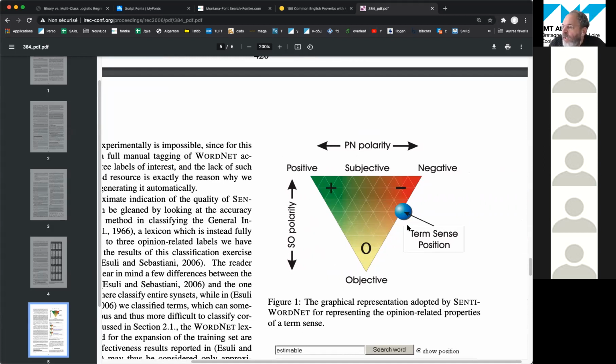But why do we have a triangle? Because when we are objective, then there is no positive and negative. Being positive and negative is subjective.